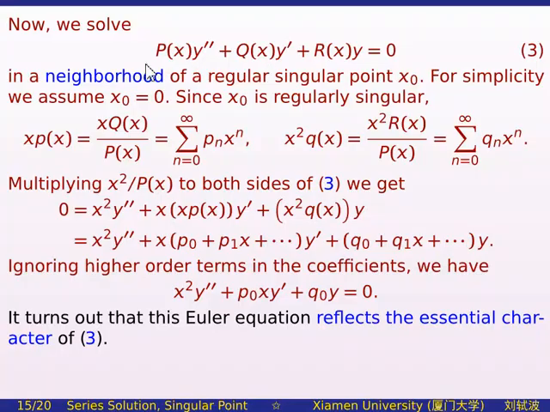As we said before, because x0 is a singular point, this equation might not have an analytic solution. Therefore, to find a series solution, you could not assume that the solution is a power series. Power series are always analytic. So you need to find a solution of a more general form.